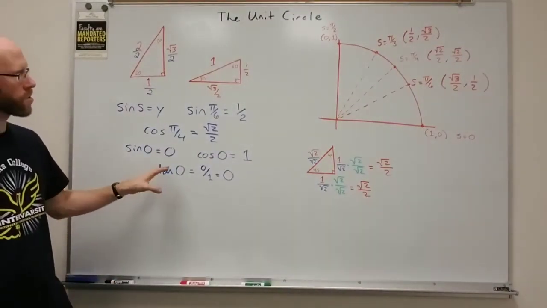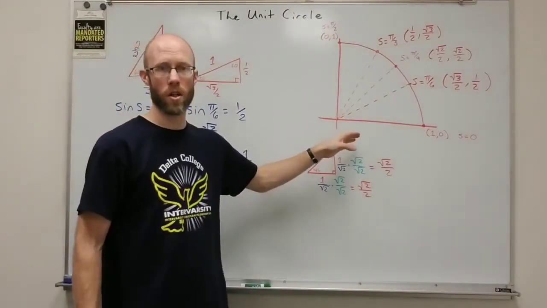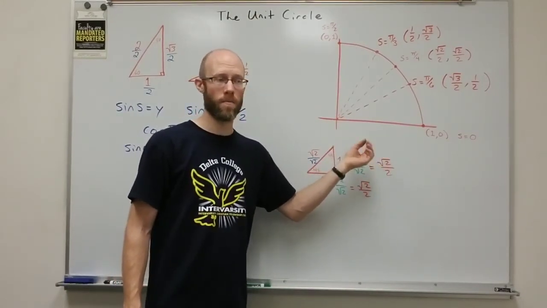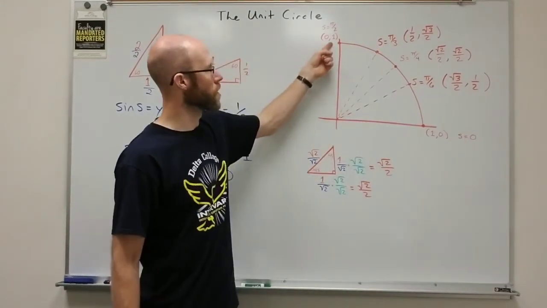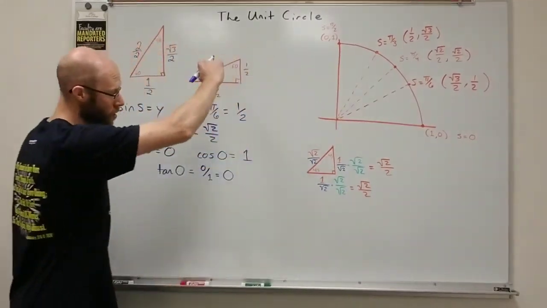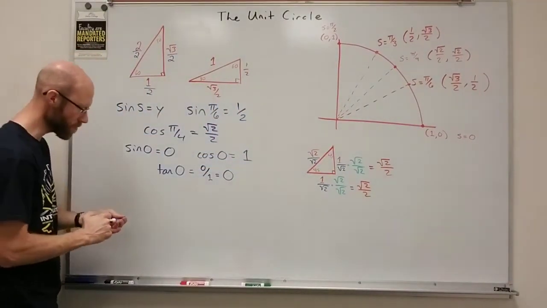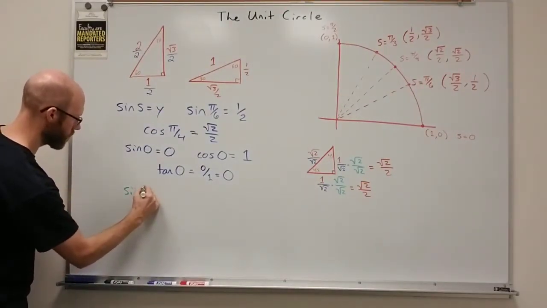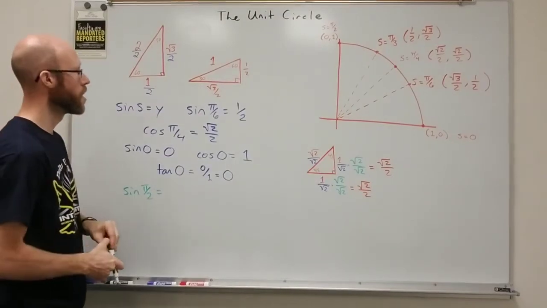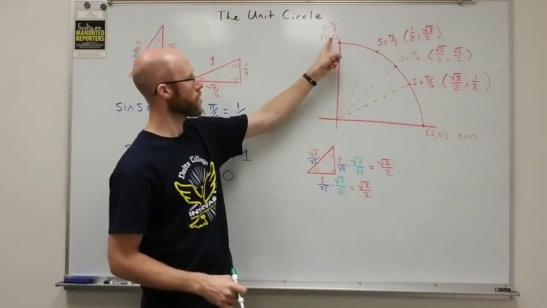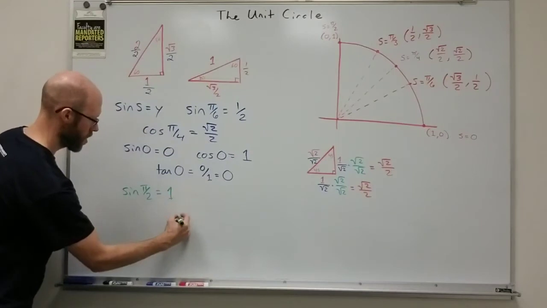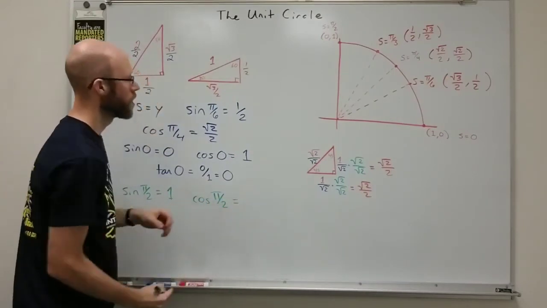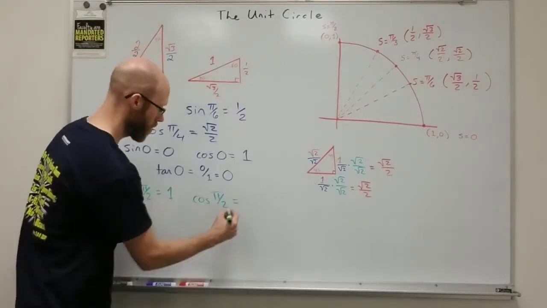So we can now start to look at trig functions that don't really have a specific triangle associated with them. So if I want to do the pi over 2 angle, or pi over 2 arc length here, the sine of pi over 2 is now, sine is the y value, so that would be 1. And the cosine of pi over 2 is equal to the x value, which is 0.